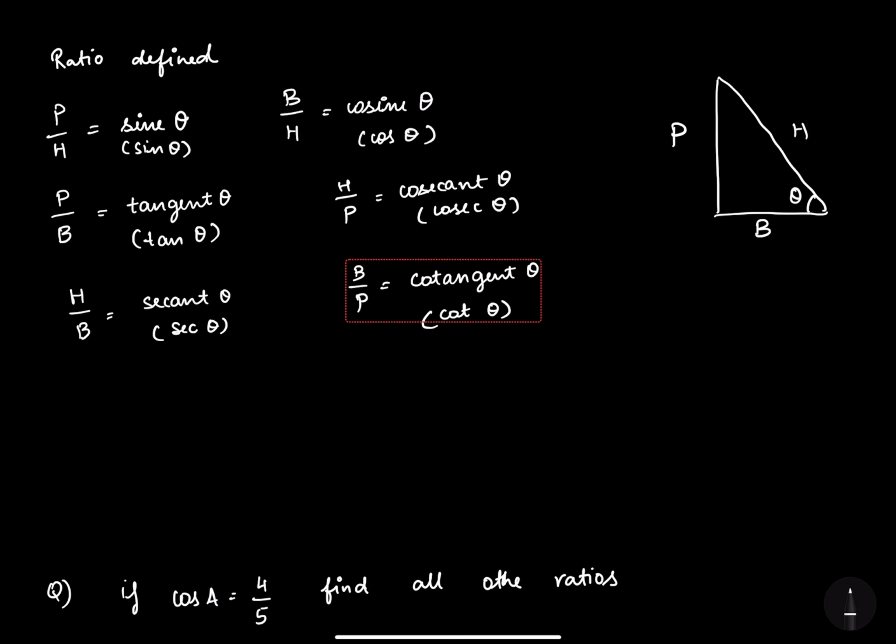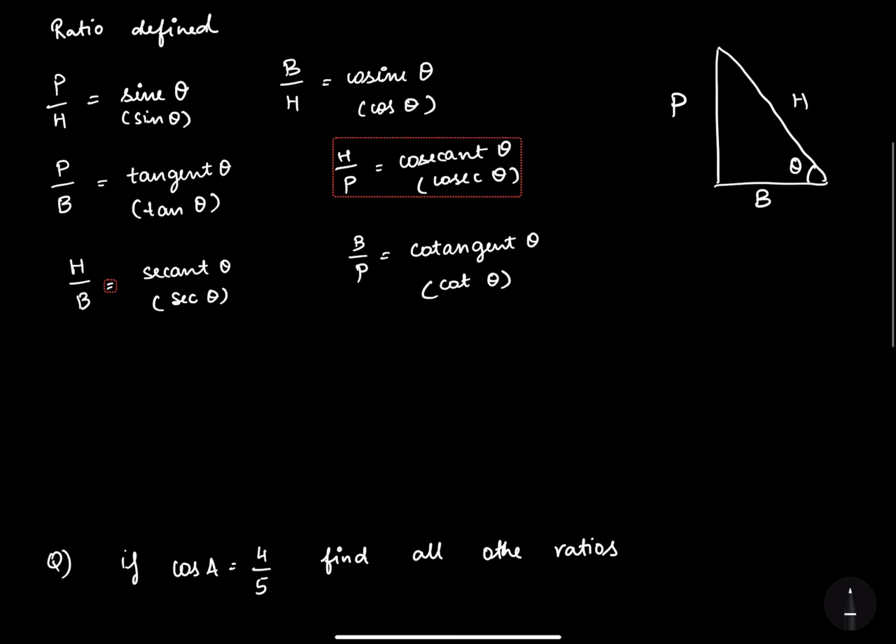Okay, so we have 6 names, guys. I understand, the first time it would be difficult for you to mug up or keep these formulas in your mind. But let us write it in a simpler way, in a tabular form, so that whenever you have difficulty remembering this, it would be easier.